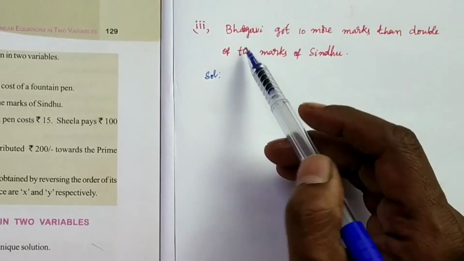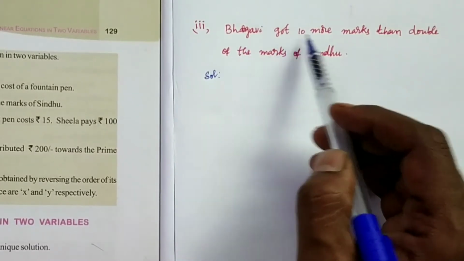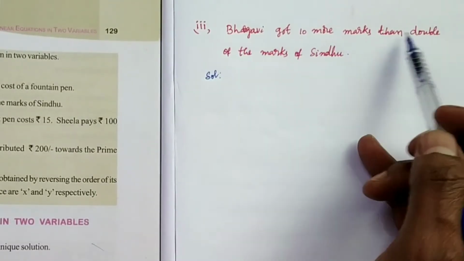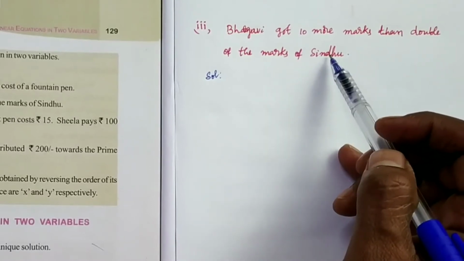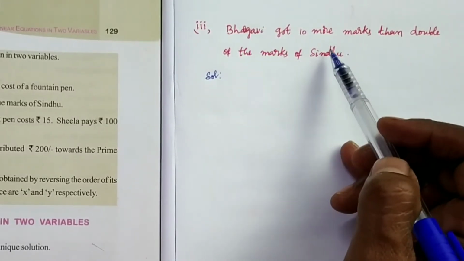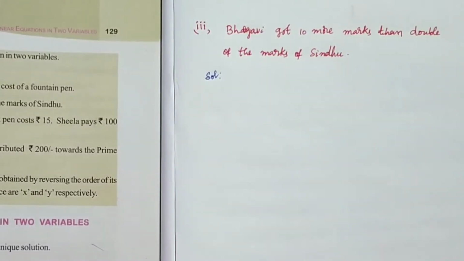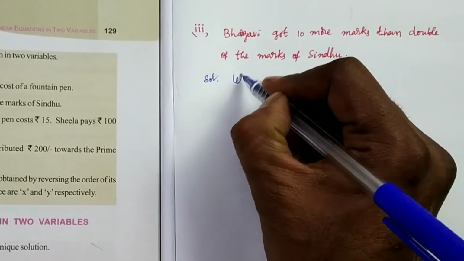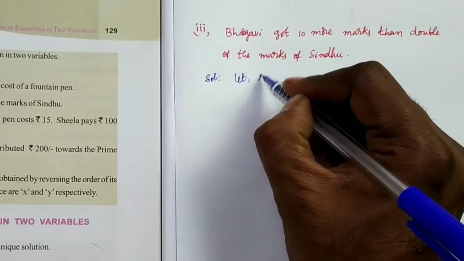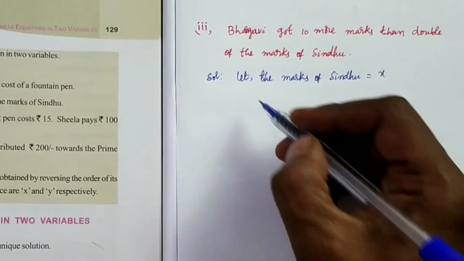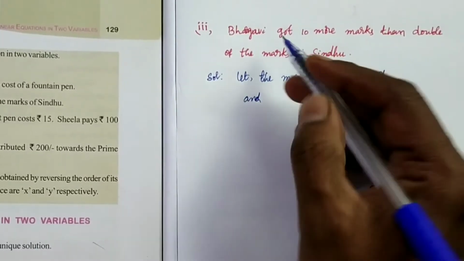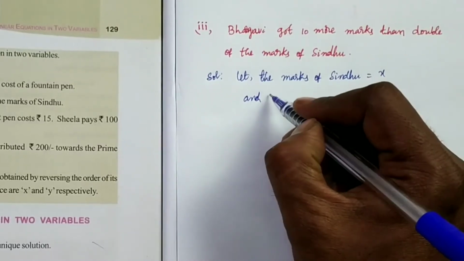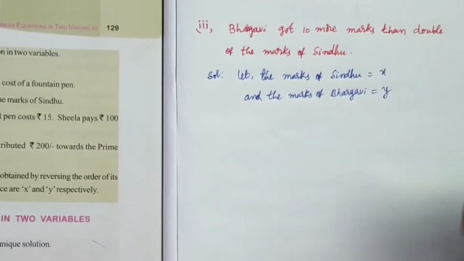The third question is Bhargavi got 10 more marks than double of the marks of Sindhu. So Bhargavi's marks are compared with Sindhu's. So first we have to know the marks of Sindhu. That's why you take, let the marks of Sindhu be x, and let the marks of Bhargavi be y.